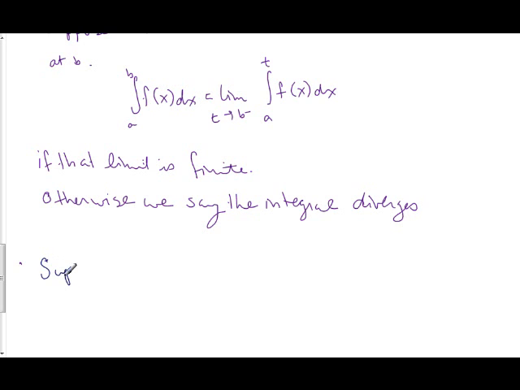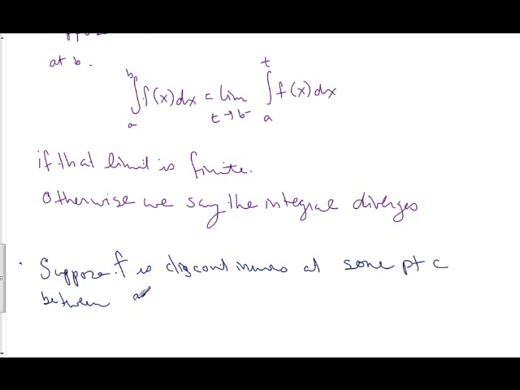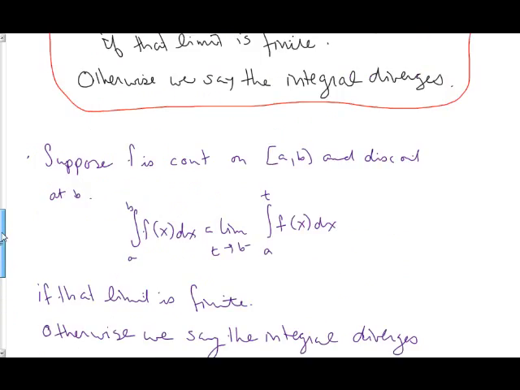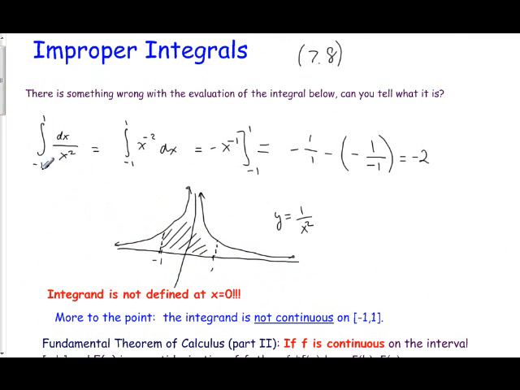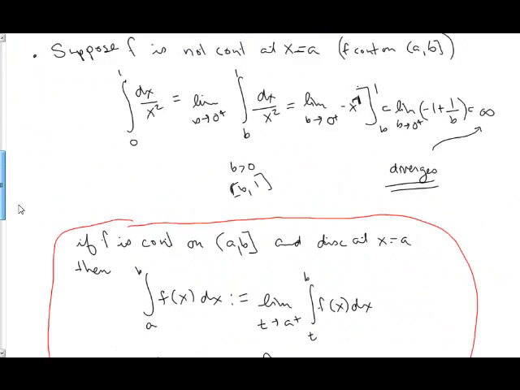Suppose f is discontinuous at some point C between A and B. And so let's go back to that first example. The first example we looked at up here, this is that situation, right? It's discontinuous at 0, which is between -1 and 1.